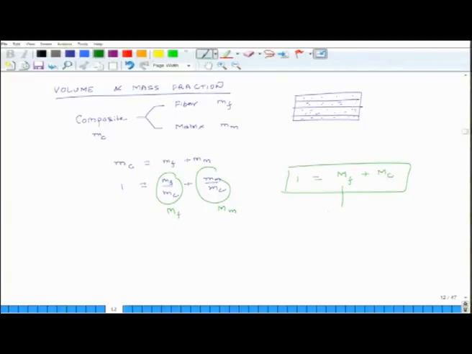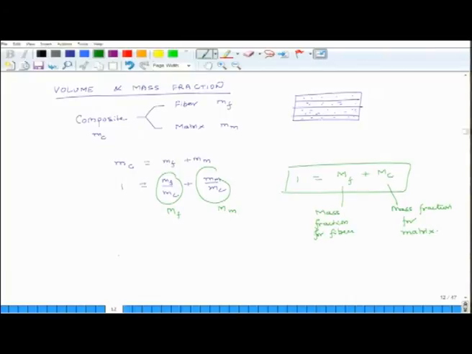This is the mass fraction for fiber, and this is the mass fraction for matrix. So, that is our definition for mass fraction.